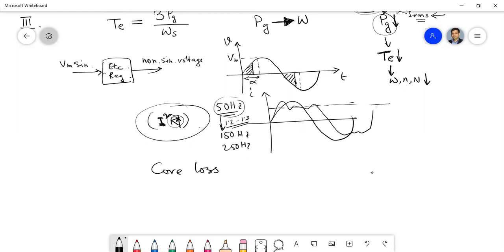And in a dielectric, do you know what kind of loss we get? That is called the dielectric loss. Now this dielectric loss, I will explain in details when we discuss dielectric heating in the second chapter. This dielectric loss is basically a function of frequency.